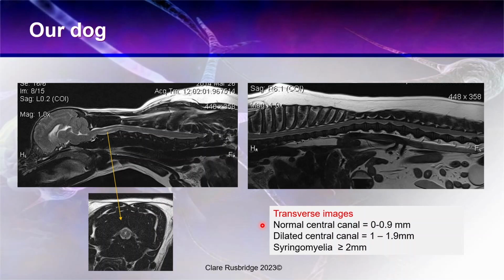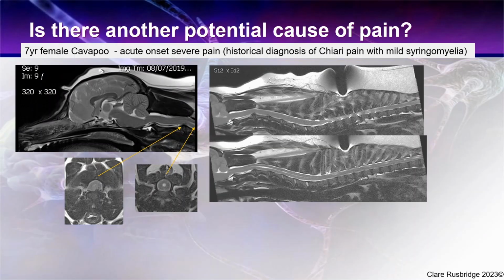A dilated central canal being 1 to 1.9 millimeters. And syringomyelia, the consensus is to be a dilation of more than 2 millimeters. And in this dog, it was just about 2 millimeters. And so a very small syrinx in this dog, which would fit in with her MRI signs as well.